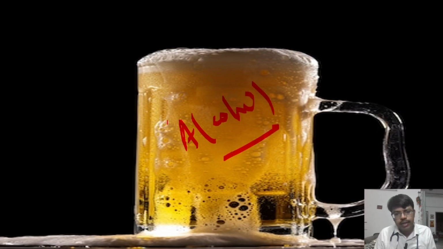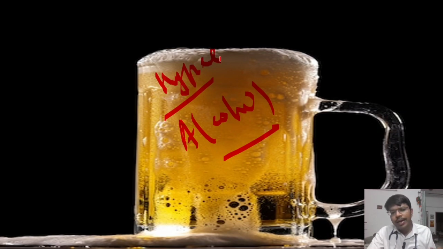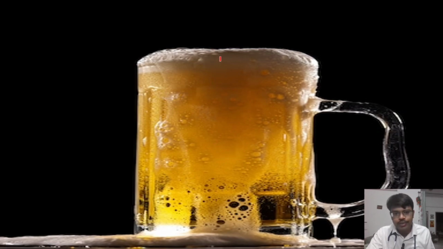Beer or any kind of alcohol, if taken excessively, puts a certain amount of stress on the uric acid level, which raises it. A high amount of alcohol intake leads to a high uric acid level. Why I am telling it one by one is so that you will know whether any of these causative parameters is there in the patient, or if you are seeing the video for high uric acid level, make sure that these are the parameters which can raise the uric acid level and you have to avoid them.